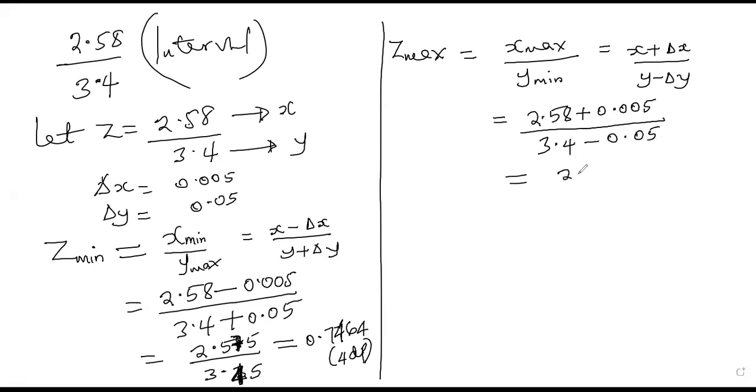So this is 2.585 out of 3.35. So what do you get? Which is 0.7716.